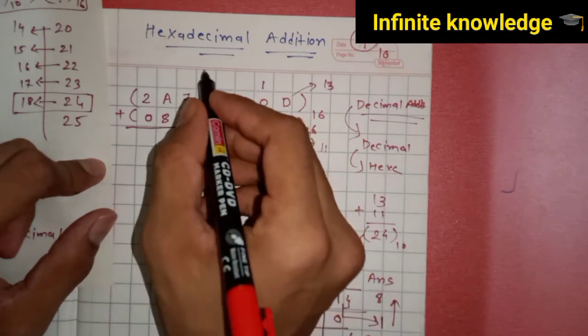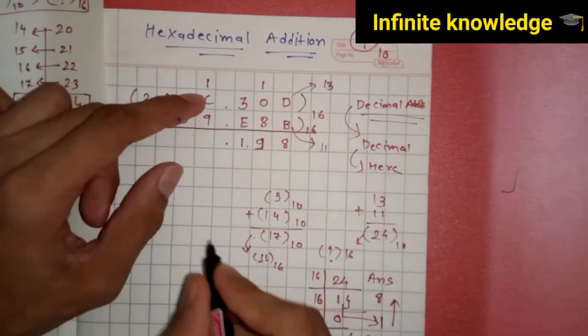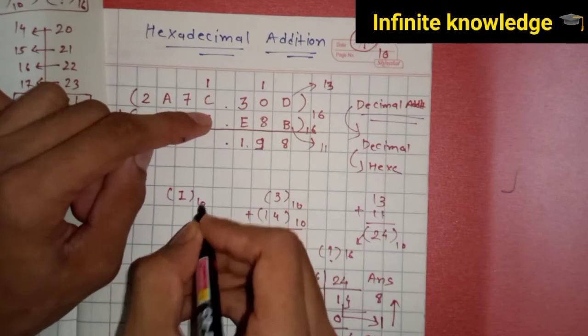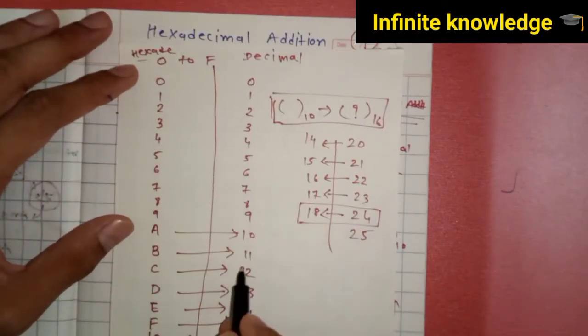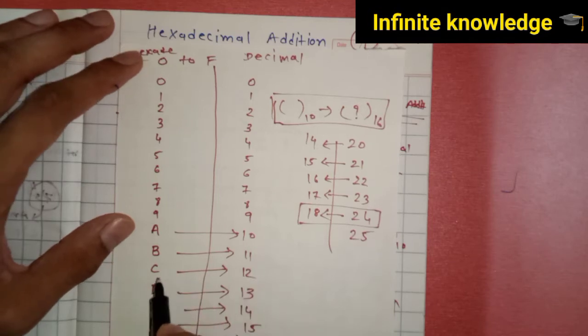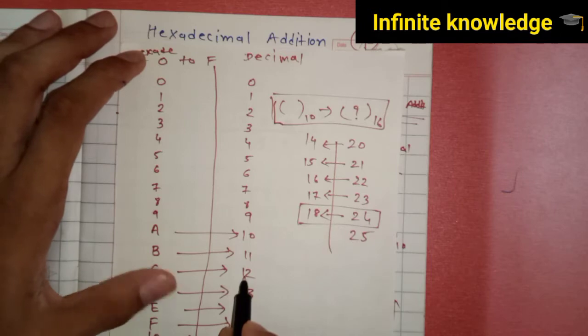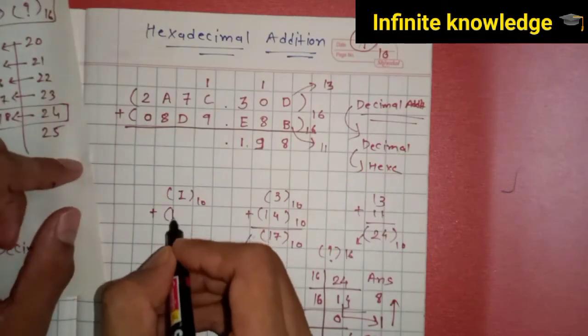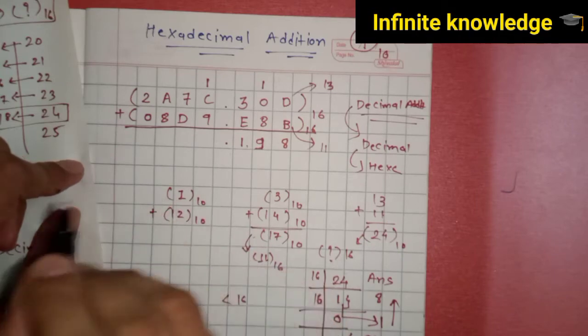Now simple, once again the addition like the decimal number system. 1 in decimal plus C. What is C? In hexadecimal C is 12 in the decimal number system. In the hexadecimal number system it is C, but when we are talking about the decimal number system it is 12. So I have to write 12 because we are doing a decimal addition, not a hexadecimal addition.